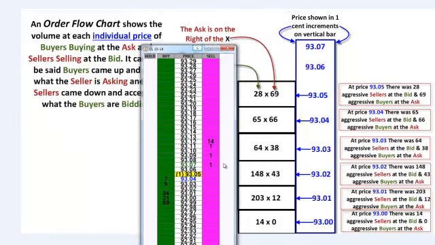Now again, the market's closed, so you don't see much here on the limit orders. This is the DOM from NinjaTrader. DOM stands for depth of market, meaning how many limit orders are on the sell side and how many limit orders are on the buy side. This person wants to buy 7 cars, we'll say, at 93.04, and this person wants to buy 1 car at 93.07.